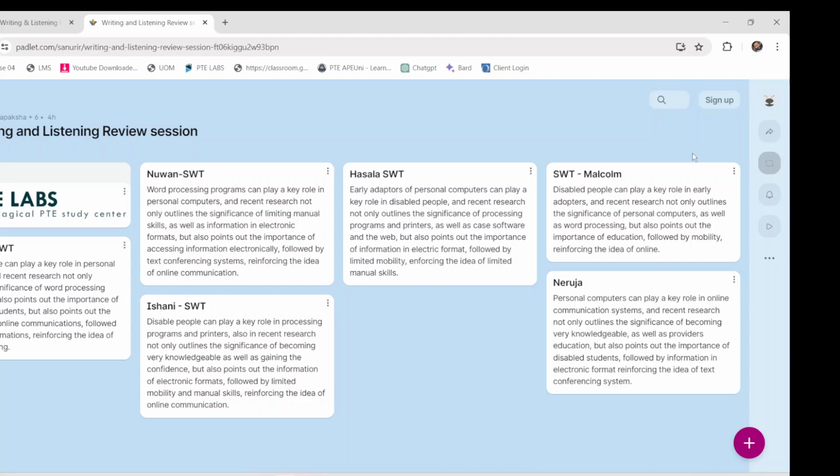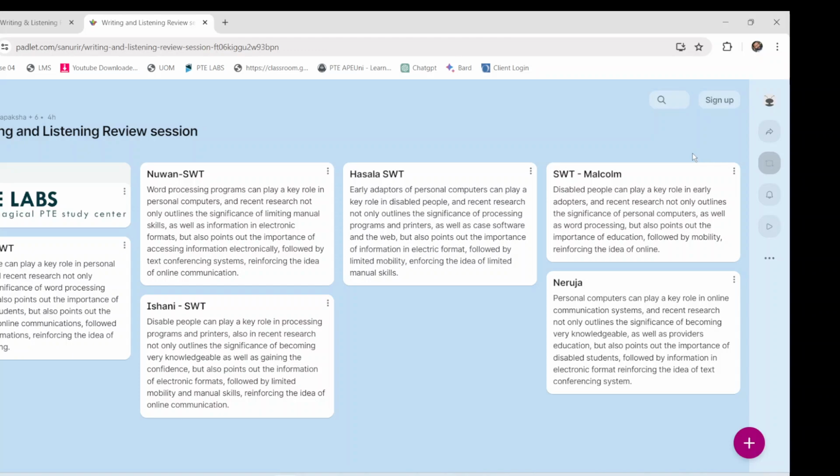Now, this is our question. Go to the Padlet. Okay, so these are your answers. I'll start with Malcolm's answer.